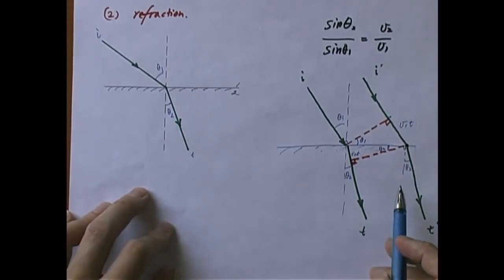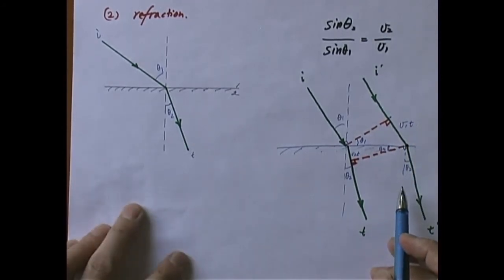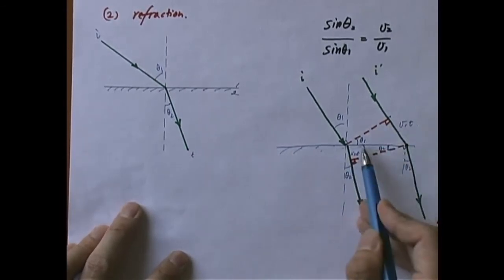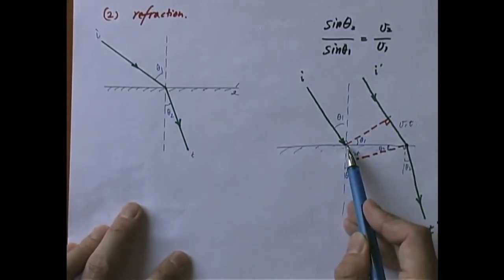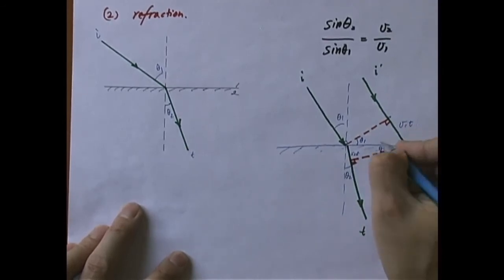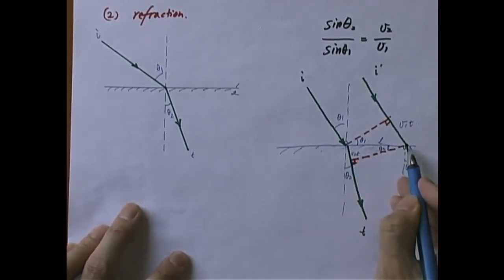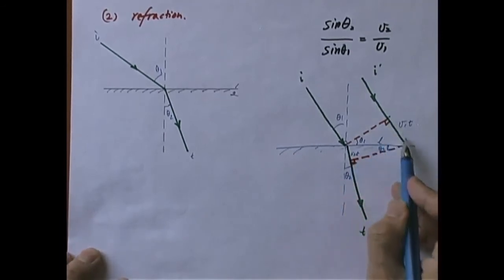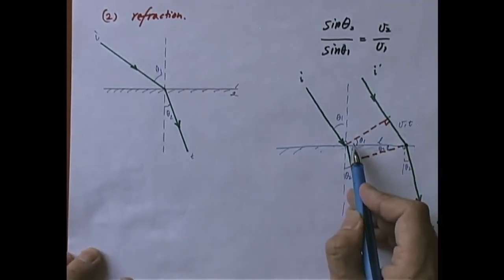Okay, so now again we have a pair of right-angled triangles. Here is the first one, and here is the second one. They share the same hypotenuse from here to there, which we call L. Look at the first right-angled triangle.